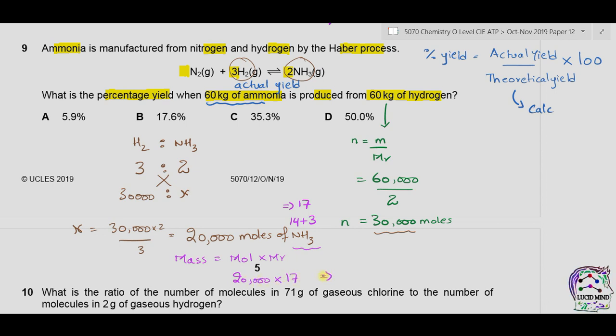So the number of grams is equal to 340,000 grams. We can also convert this into kilograms by dividing by 1000. So we have 340 kilograms of ammonia that is produced. This is the theoretical yield.